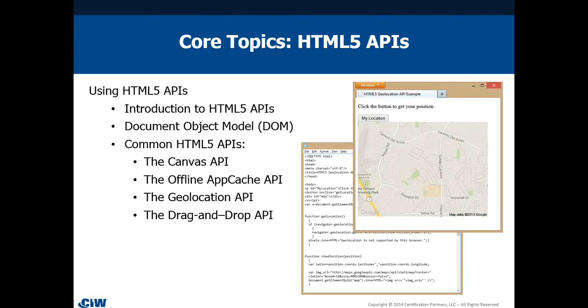The offline app cache API is one where you identify which files from an app or a website you want to download.